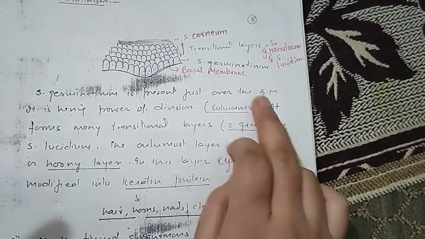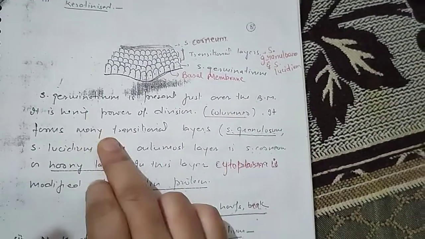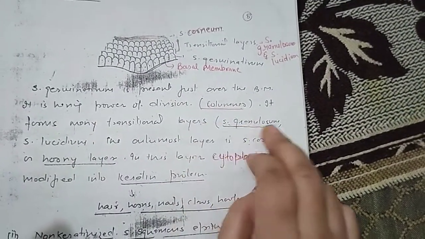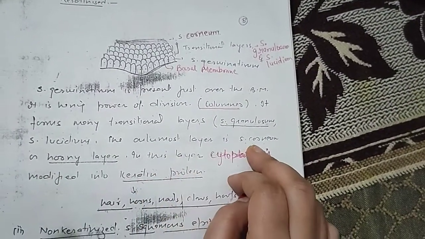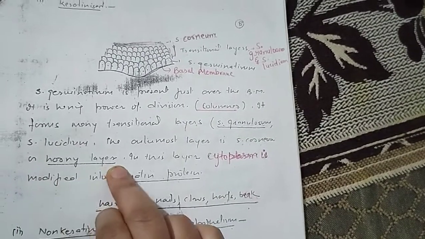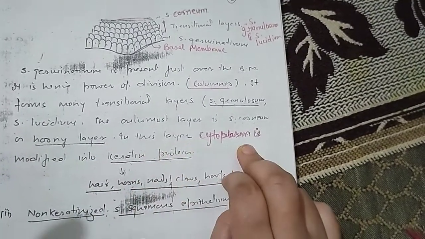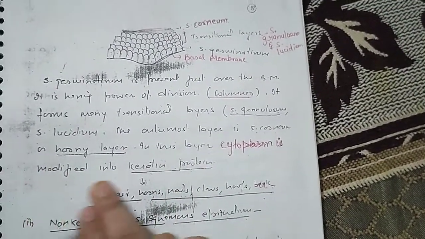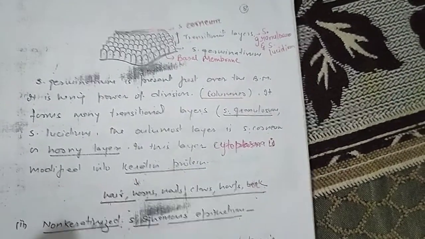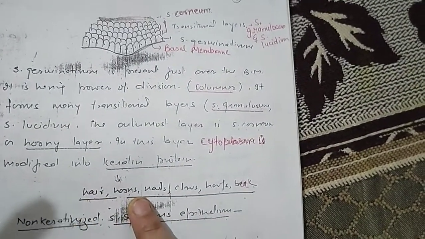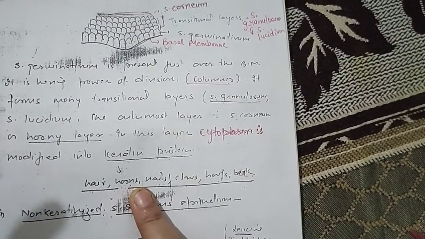It forms many transitional layers. Granulosum है, lucidum है. The outermost layer is the stratum corneum or horny layer. In this layer the cytoplasm is modified into the protein keratin. जो keratin protein है, it is needed for the hairs, nails, claws, hooves, beak.